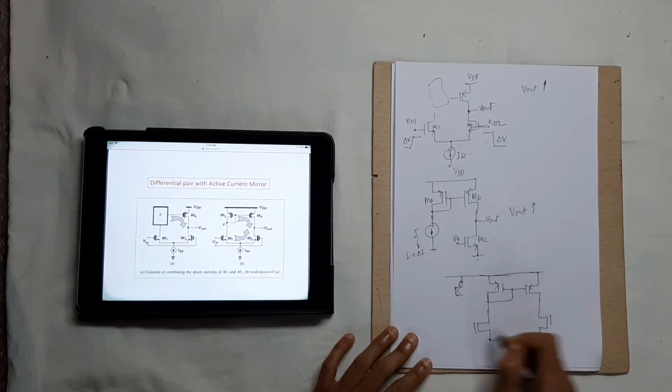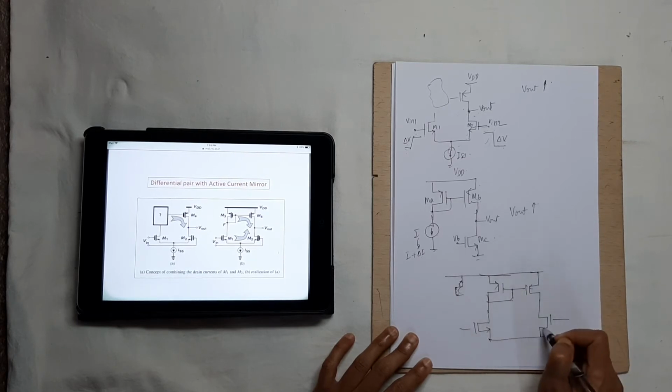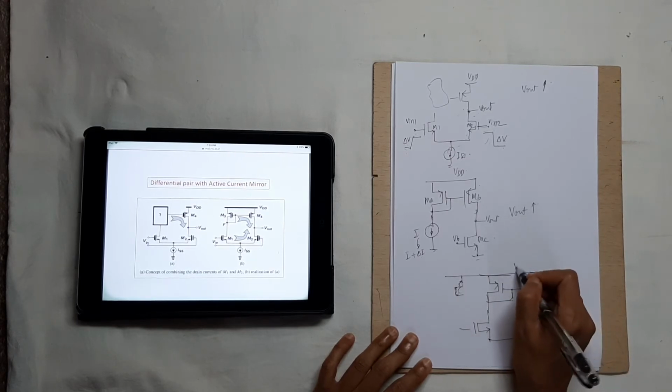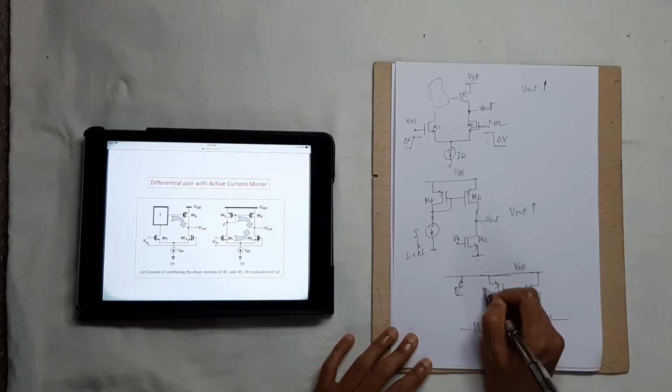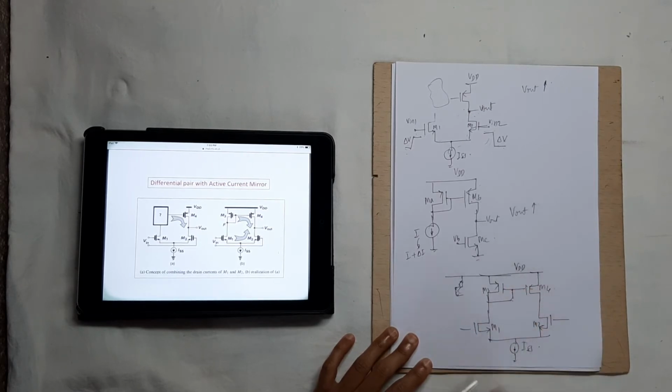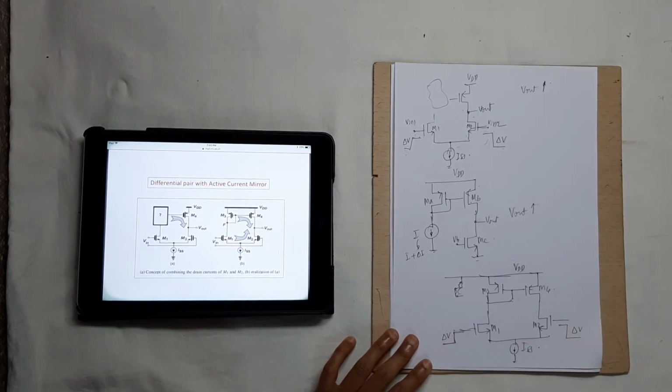So these two are the differential pairs with the NMOS transistors. These two are the PMOS transistors, VDD, and we have the tail current defined as ISS. Let us call this M1, M2, M3 and M4. Now what we have? We are applying the change in the voltage of delta V, that is increased by delta V, and here the voltage is decreased by delta V.